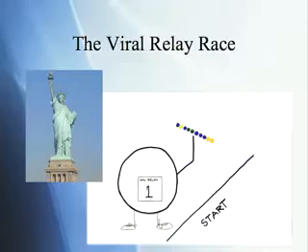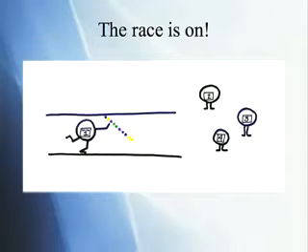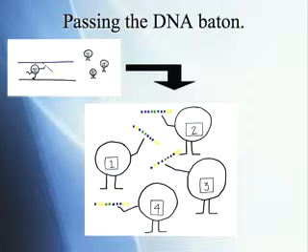You can imagine some kind of relay race in New York City, in Manhattan. It's a very unorthodox race, and it starts off with just one person at the starting line, and that person has this baton, and that person can replicate its baton and hand it off to all of its friends that go running in different directions and do the same.